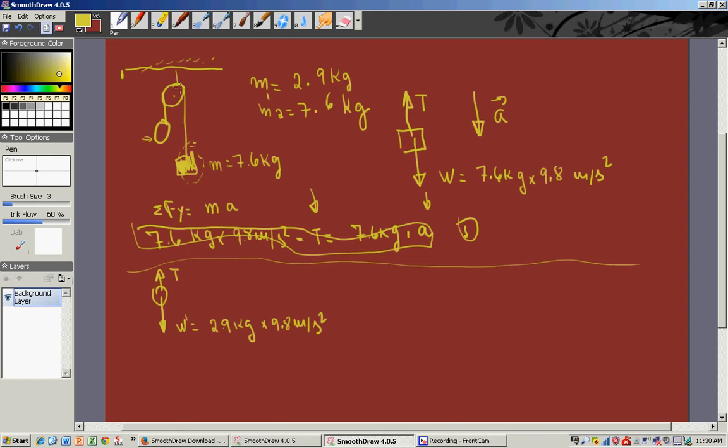If we assume this rope or string is massless, and there are no dissipations in the pulley, the tension is the same. So the magnitude of the tension force is the same.